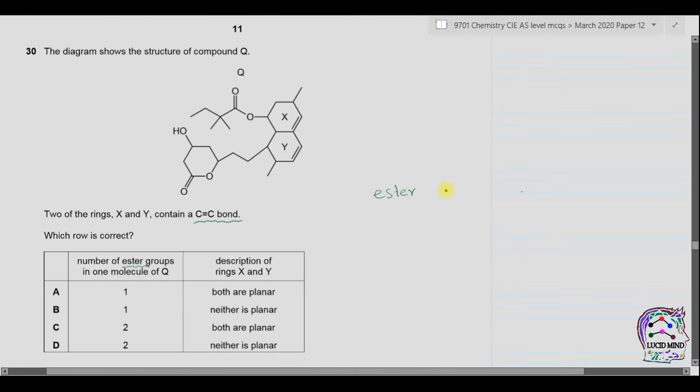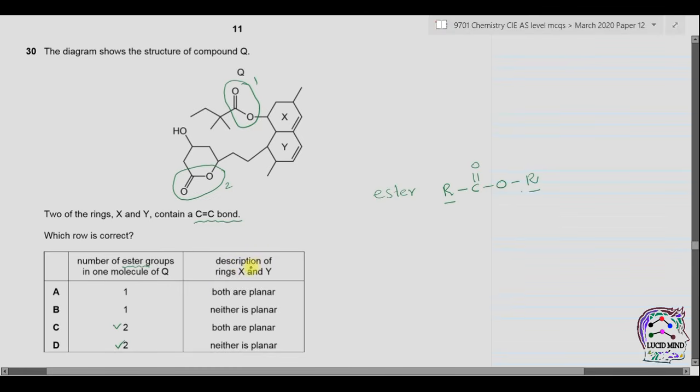The functional group of an ester is RCOOR, where R is the alkyl group and COO is the central functional group. So let's see how many COO are present. There is this one and then we have this one. So 1 and 2. We have two ester groups. So it could be C or D.